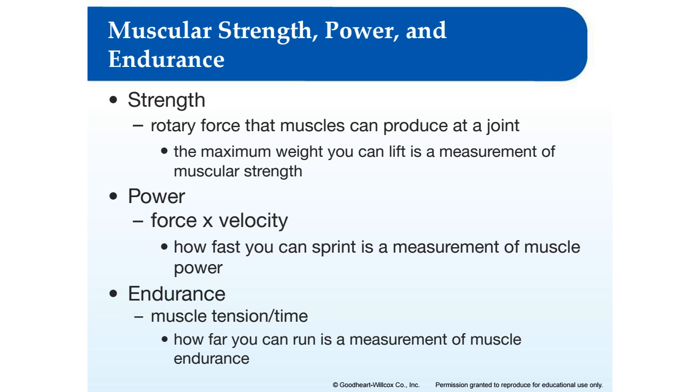Power is basically the shortening velocity during contraction, so the amount of force it's producing at the speed that it's producing it. Force and speed combined gives us our power. Endurance is the amount of tension or force that can be produced over a period of time, so the more endurance we have, the more tension we can produce over time.